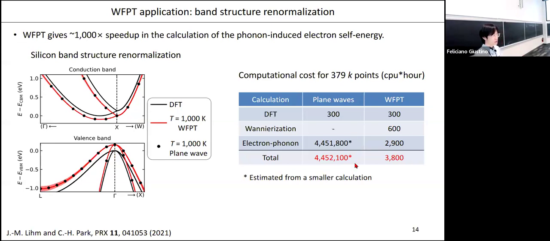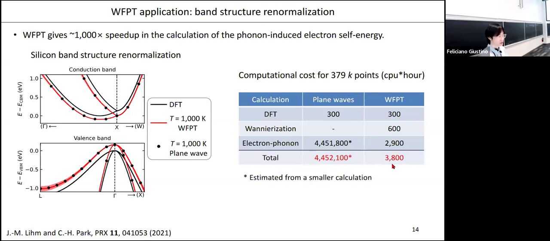In terms of computational cost, there is a huge gain. Thanks to the fact that we can use Wannier interpolation, we can very efficiently calculate the self-energy at a dense mesh or a large number of K points. So for 379 K points, a brute force calculation in the plane wave basis, solving the Sternheimer equation and calculating every matrix element in the plane wave basis, takes more than a million CPU hours to fully calculate the self-energy.